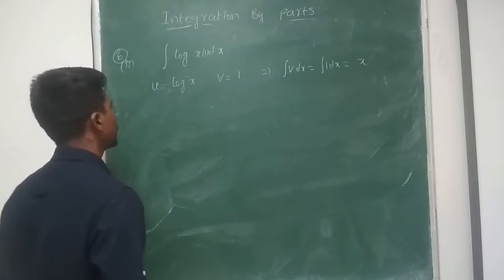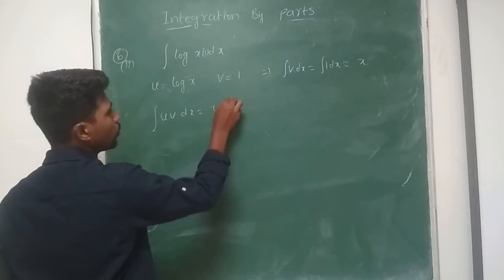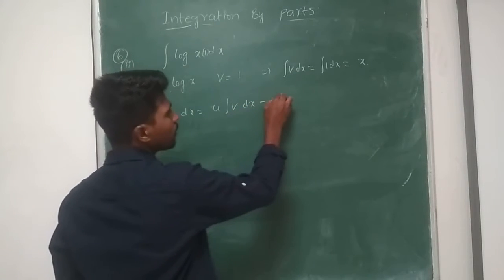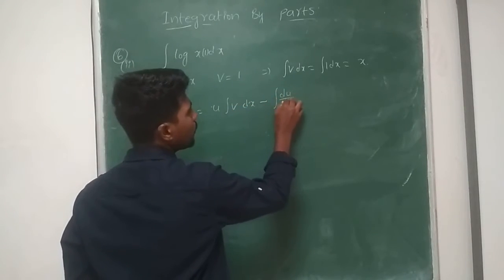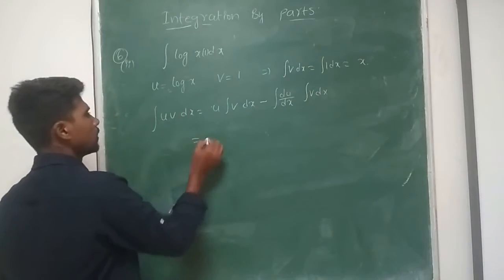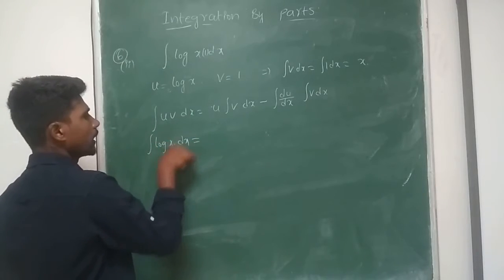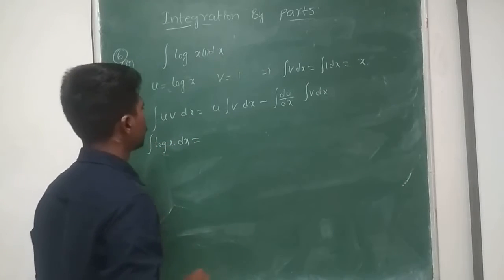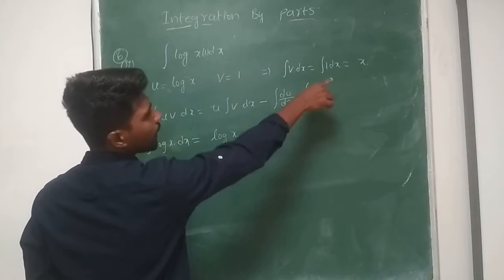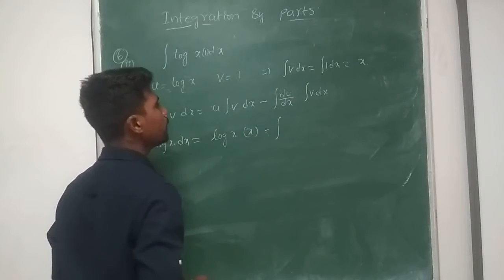Now the formula: integral uv dx is equal to u into integral v dx minus integral du by dx into integral v dx. So integration of log x dx is equal to u, which is log x, times integral v, which I got as x, minus integral du by dx.